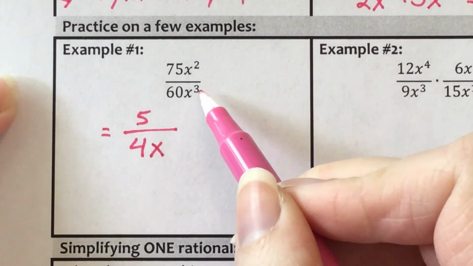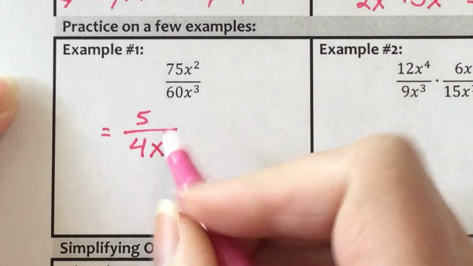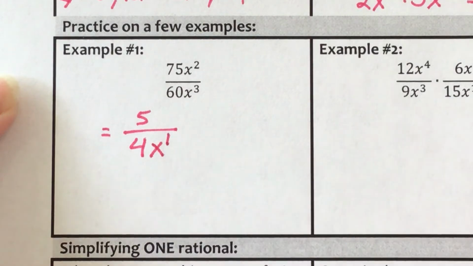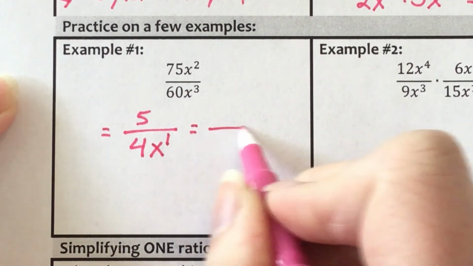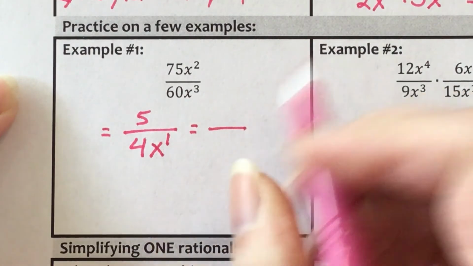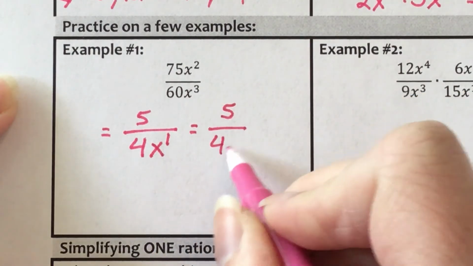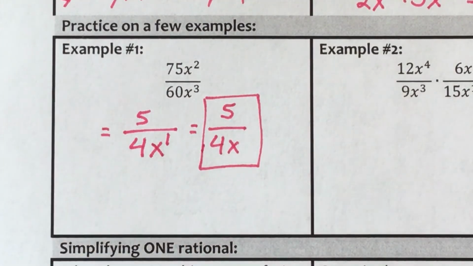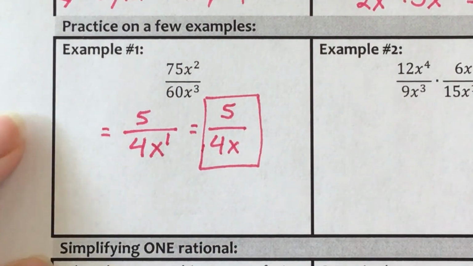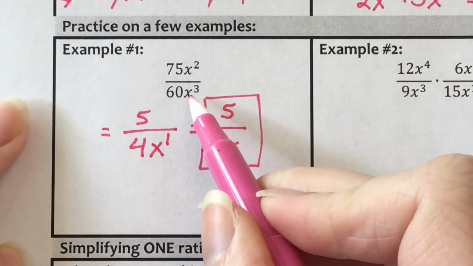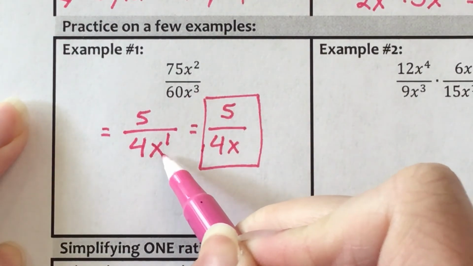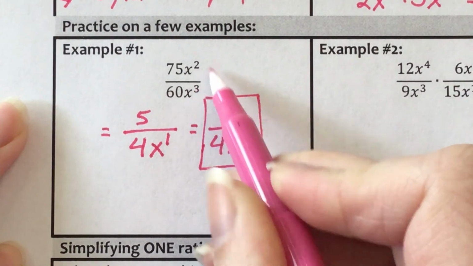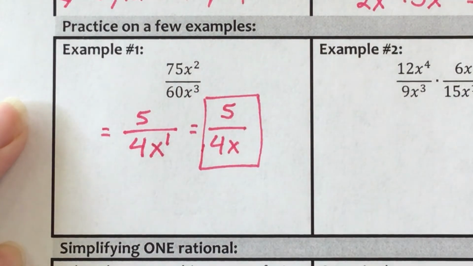Do big minus small. 3 minus 2 is 1, so that means that this is x to the first power down here. And of course we know that we don't have to actually keep that 1, that can be invisible, so 5 over 4x is the simplified version of what we started with. So for the x's, we looked where is the bigger exponent. That's where you actually write down the x and then subtract big minus small, and that's what you're left with.